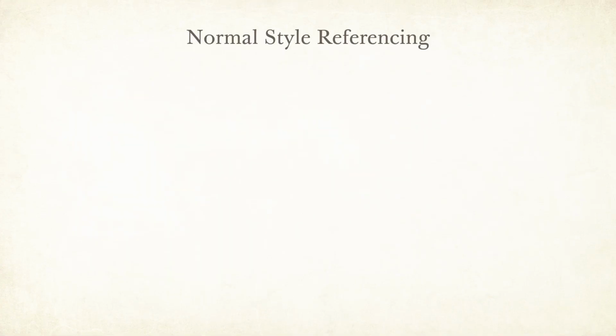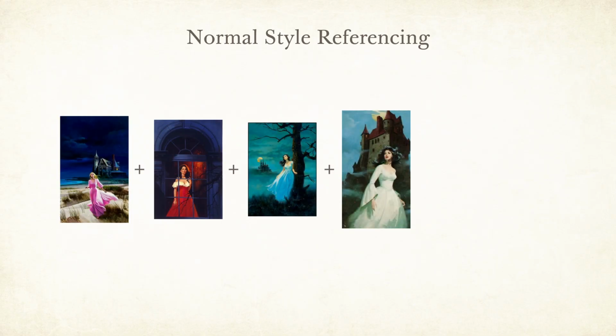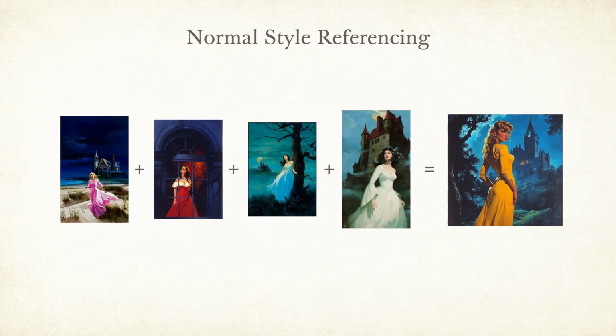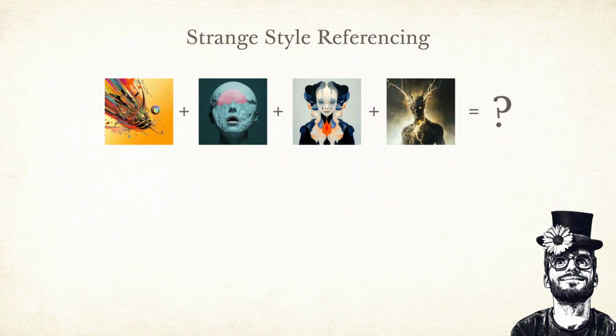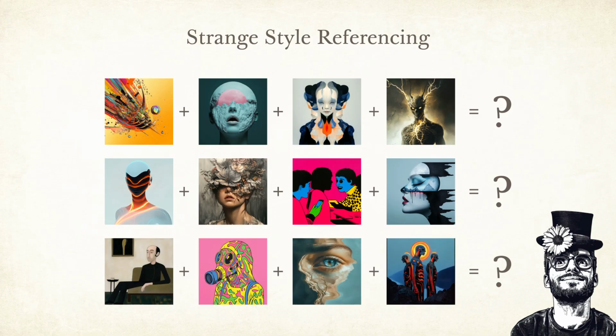So this method of using a style reference is such an easy tool to get the perfect aesthetic we want. But what happens if you ask MidJourney to create an image with truly strange images as a style reference, things that shouldn't match? Well, in the next section, we're about to find out, and it's probably my favorite way to experiment. So let's go a little crazy, shall we?